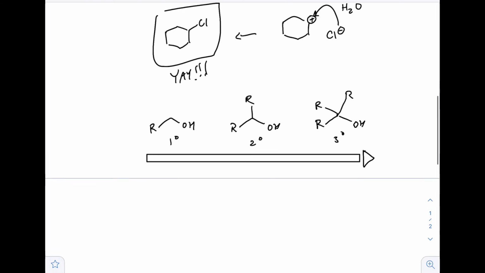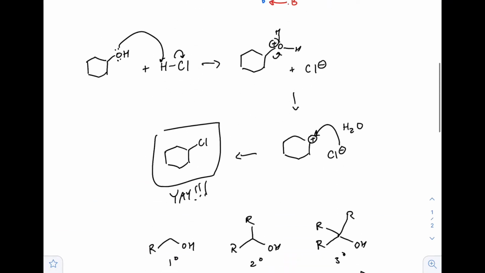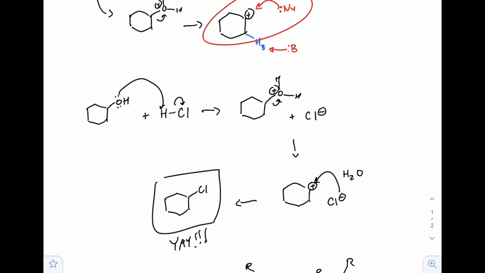So it's always about how can we make it a good leaving group, and then where's a nucleophile. So anytime you have an acid, you probably want to protonate something, and then make sure you draw the conjugate base, so that way you know if it's going to be a weak nucleophile or a good nucleophile.